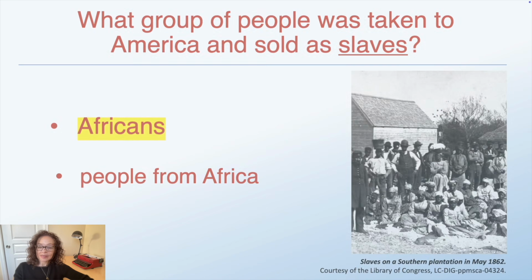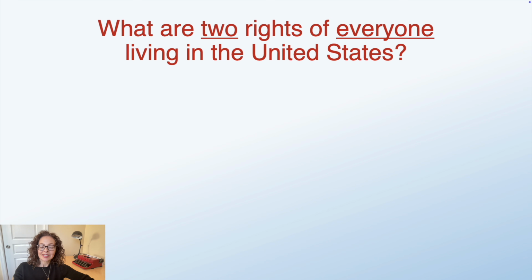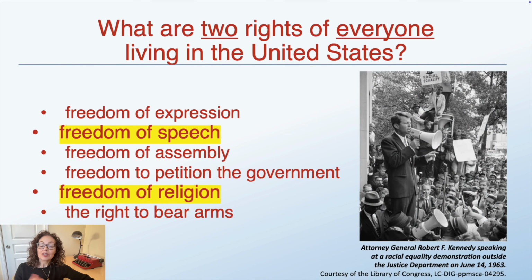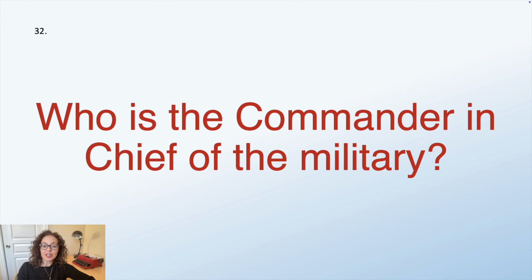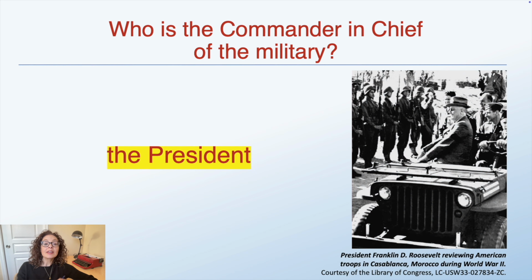Africans. What are 2 rights of everyone living in the United States? 2 rights of everyone: freedom of speech and freedom of religion. Who is the commander-in-chief of the military? The commander-in-chief is the president.